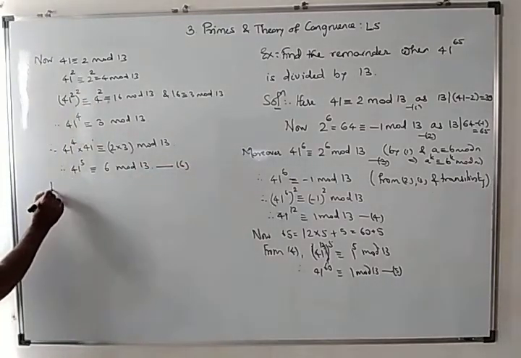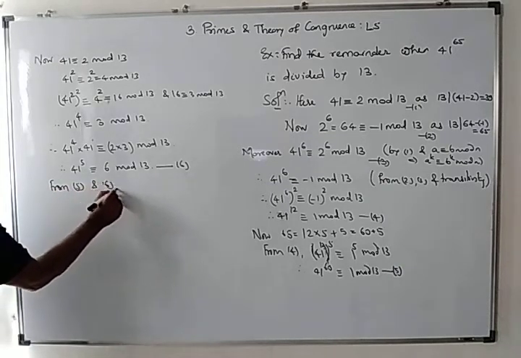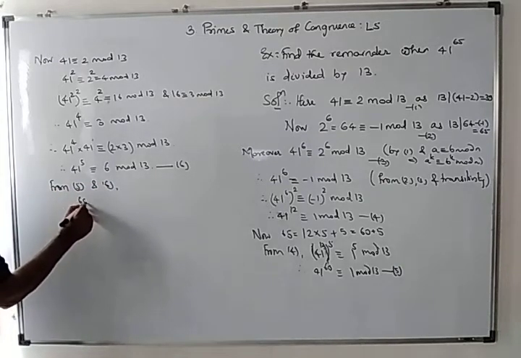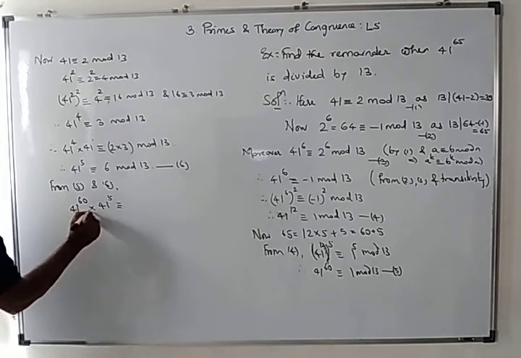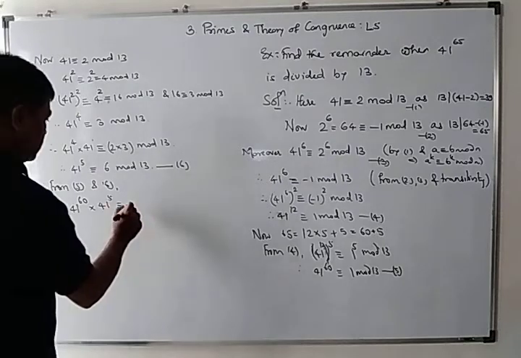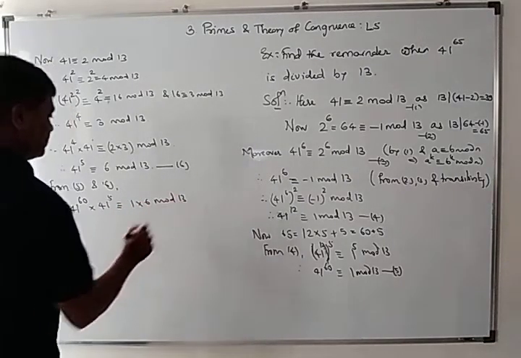From 5 and 6, 41 raised to 60 into 41 raised to 5 is congruent to 1 into 6 mod 13.